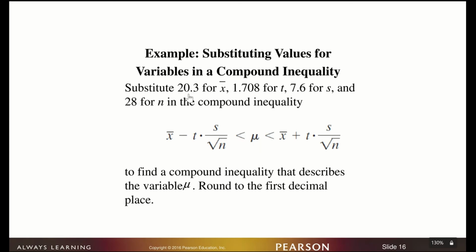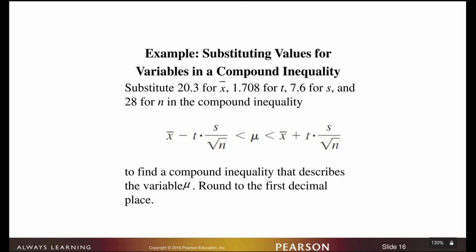We're going to substitute 20.3 for x bar, 1.708 for t, 7.6 for s, and 28 for n in this compound inequality to get the boundaries for mu.